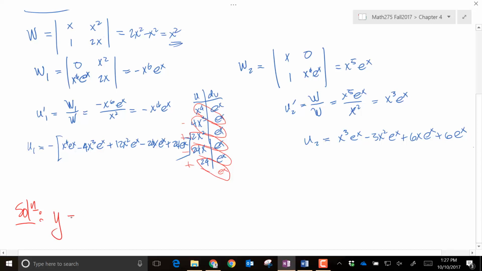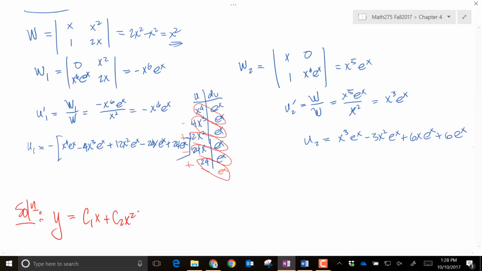So this is the whole solution with the homogeneous portion. So it's going to be C1 x plus C2 x squared.